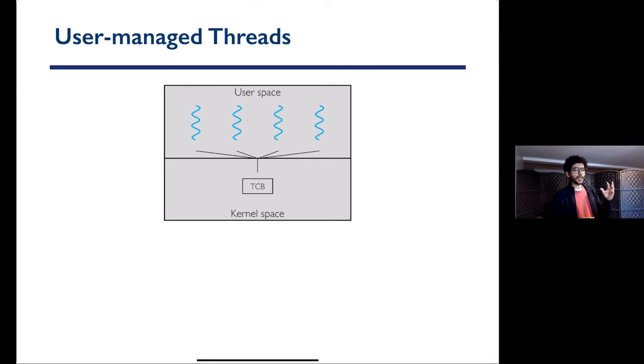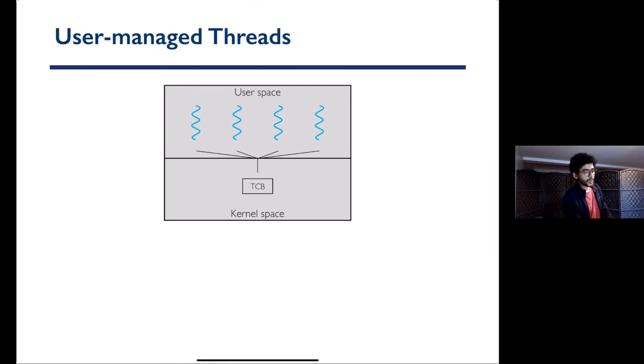So I want to write that thread switch in user mode. I want to run that in user mode. That way, I don't need to do a mode switch to the kernel, save everything and push everything on the kernel stack and so on and so forth. And then the kernel does that, and then the kernel does another mode switch, and all of that has overhead. I don't want to do that.